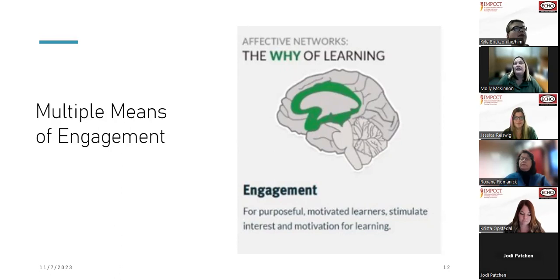Some examples, and as we get into the weeks of the sessions, we'll really dive into each individual pillar more specifically and give really concrete examples, and then you can take your work and look at how it fits in your coursework. What could I do differently?